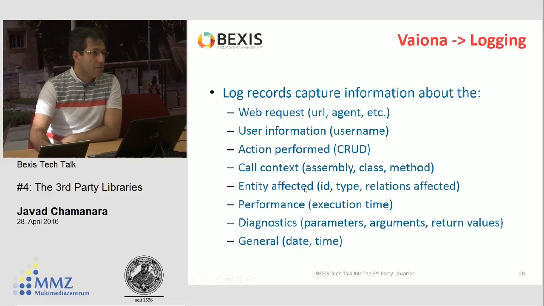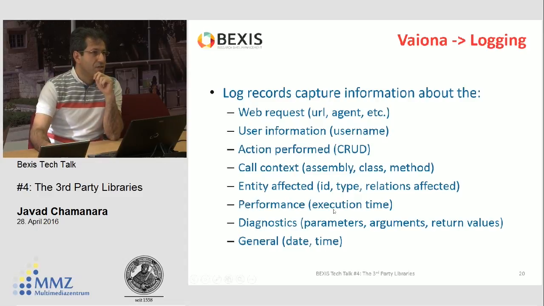If it was about the entities, the entity that was affected is also logged, like the ID and type. The type here is the full class name, like the assembly, version, namespace, class, and so on. So it's the fully qualified namespace name of the type. And also, if a relation was affected, the relation ID is also captured here.